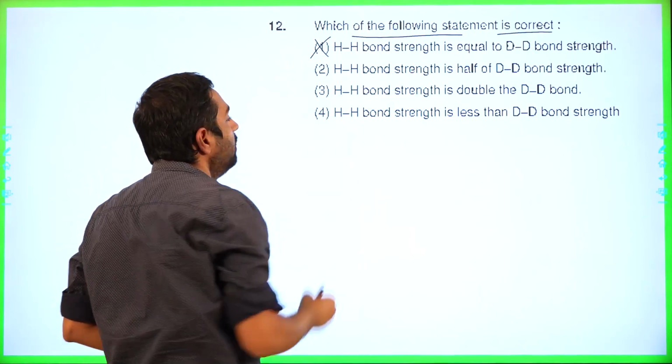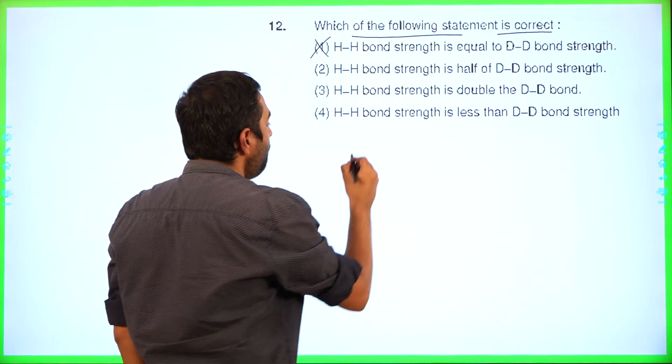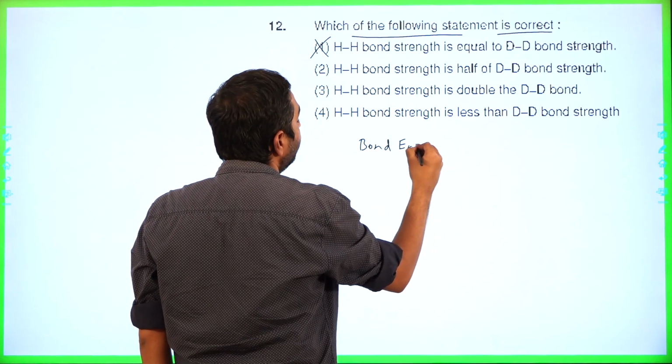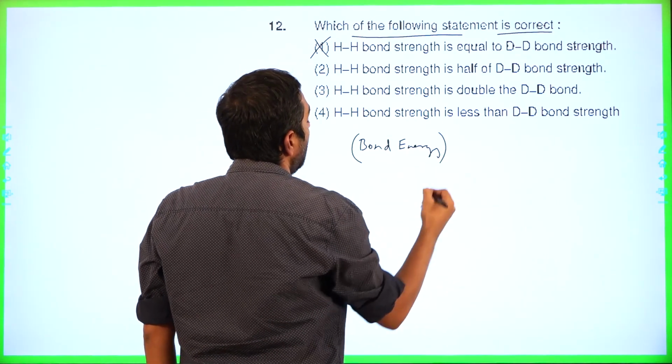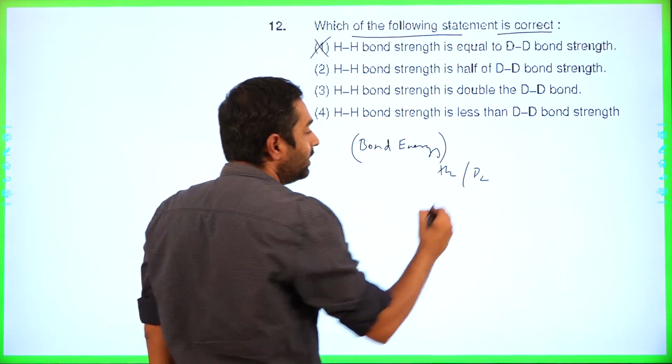This is wrong. This data is available in your NCERT textbook as bond dissociation energy or bond energy of H2 and D2.